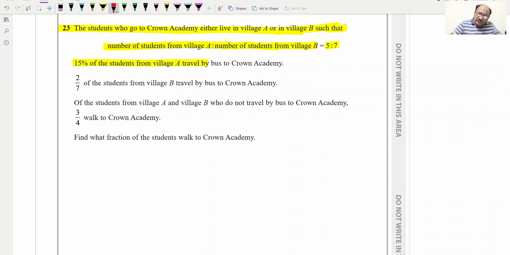Village A is this one, and the sum of ratios is 5 plus 7, which is equal to 12. So 5 out of 12 is for village A. Village A is the first one, so its ratio is 5. Now they say 15% of the students from village A travel by bus to Crown Academy.